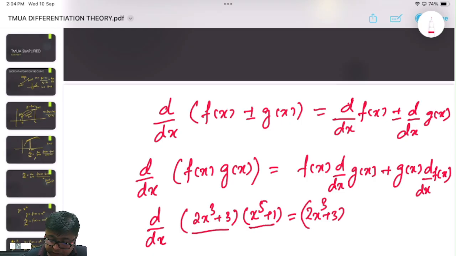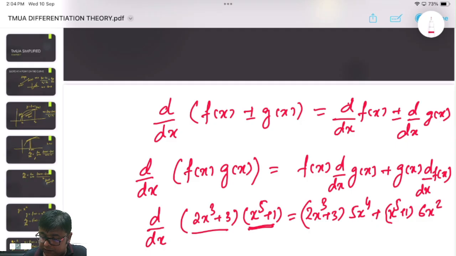This is f(x), this is g(x). The derivative of this will be, for x to the power 5, 5x to the power 4, and for 1 it will be 0. Now I'll keep g(x) as it is, and then I'll differentiate f(x), which will be 6x square. So this is the derivative of the product of these two functions. This is something which we have to remember.